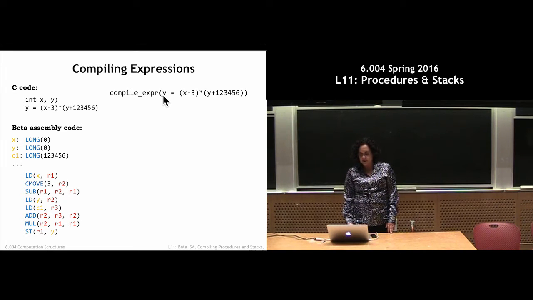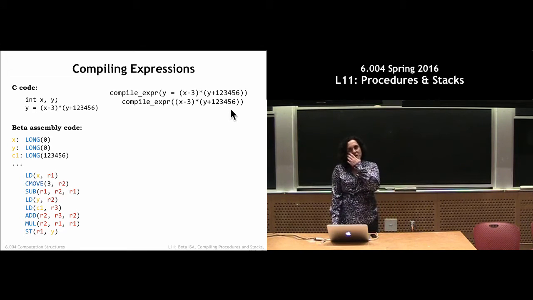We also saw that when we have an assignment, eventually you're going to store something into y, but first you're going to evaluate the inner expression. So we call compile expression on this inner thing, and we keep doing that recursively until we get to a point where we can actually produce an assembly instruction.